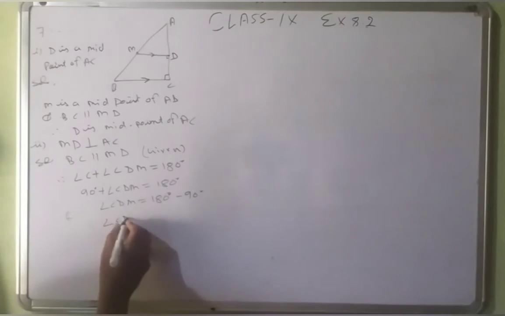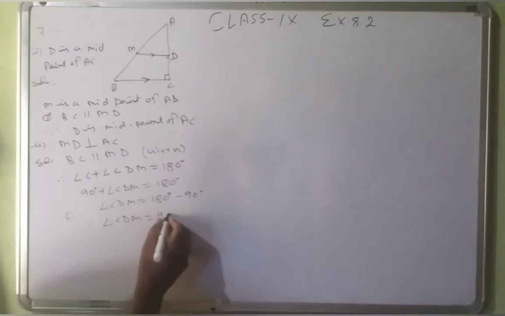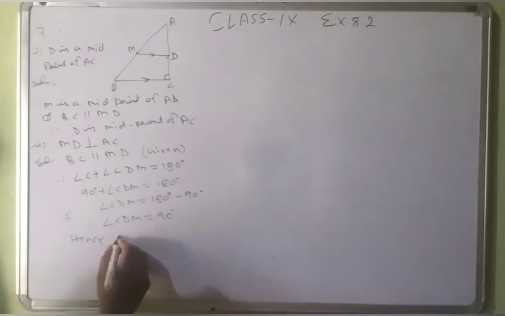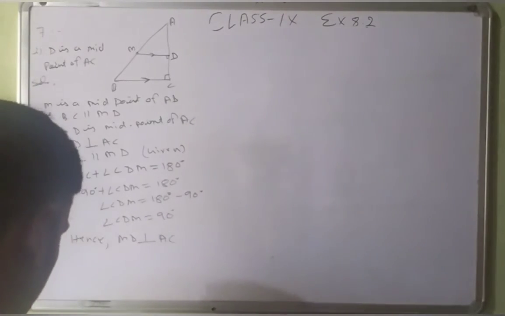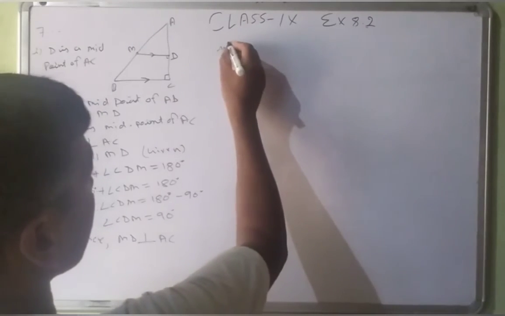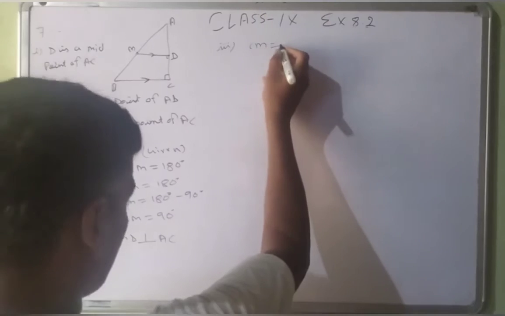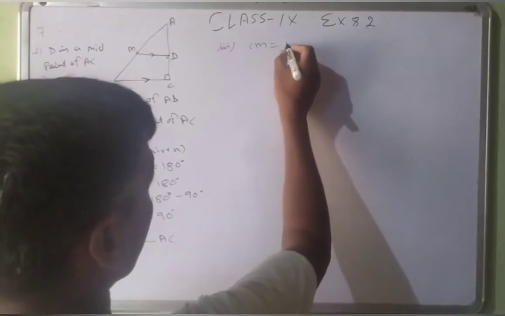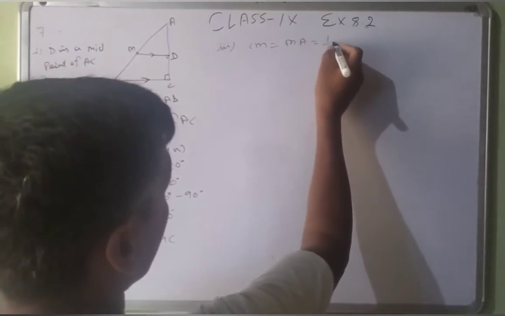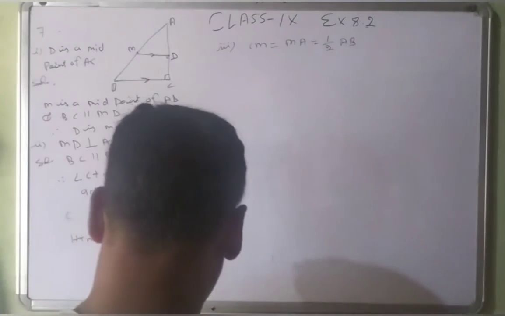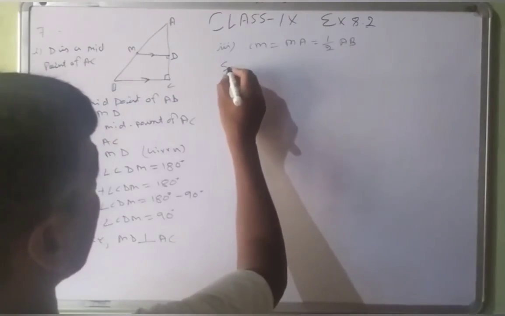So angle CDM is equal to 90 degrees. Hence MD is perpendicular to AC. The third and last part is CM is equal to MA is equal to half of AB.